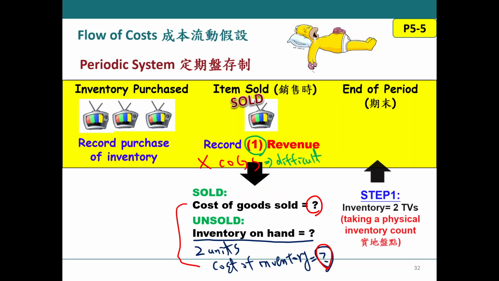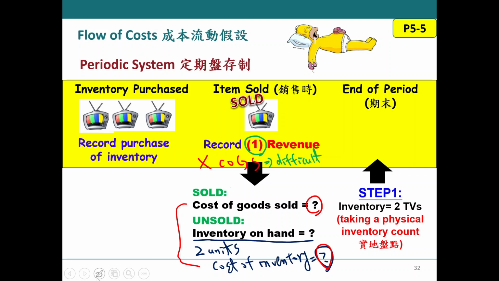Okay, so the only way is go to your company and take a physical count, 实地盘点. So what does it mean? You really find out the inventory in your company and you count it 1, 2, 3, 4. Okay, and based on that, you get your ending inventory. So step 1, take a physical count, 实地盘点. Okay, find out your ending inventory.